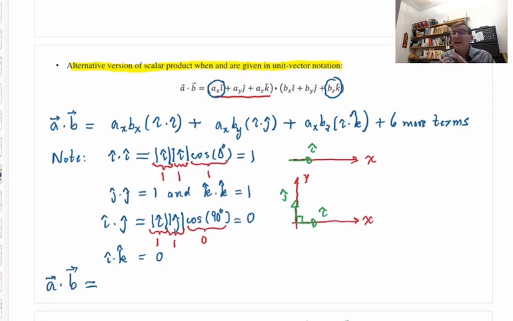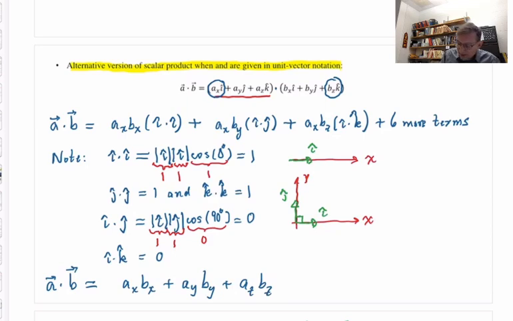The result's got to be a scalar. There can't be any vectors anywhere in the final answer. And it simplifies to the following pretty basic result. Take ax times bx plus ay times by plus az times bz.